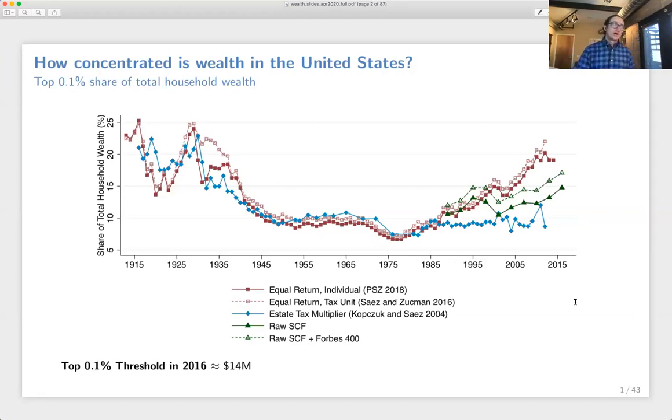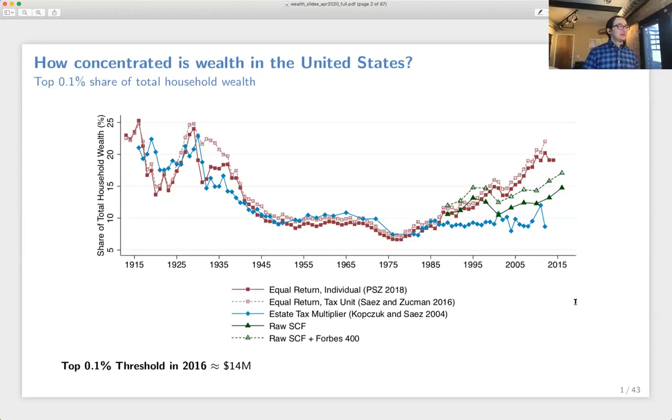A third approach, most recently pursued by Saez and Zucman in their 2016 QJE paper, takes capital income data from income tax returns. So this is observed capital income flows, and it uses a capitalization model to blow up those income flows to estimate the wealth distribution. That's what the red shows, with two approaches. One is to do it at the tax unit level. That's what Saez and Zucman did.